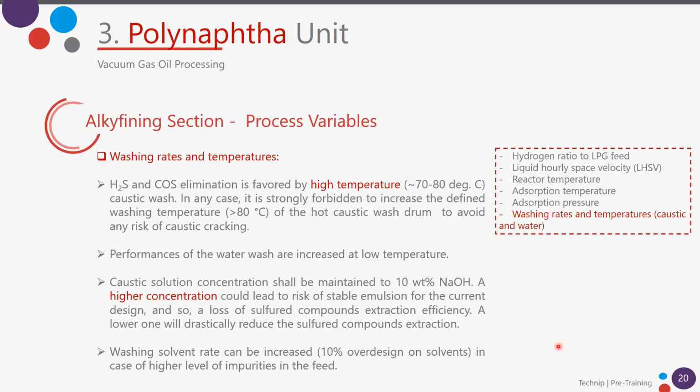Remember that it is the first section before we go to the oligomerization section. In this section, we will remove some contaminants from the feed and we will have a reaction. What reaction will we have? We will have the selective hydrogenation of diolefins, mainly the 1,3-butadiene. It will be converted to butene 1 and butene 2.